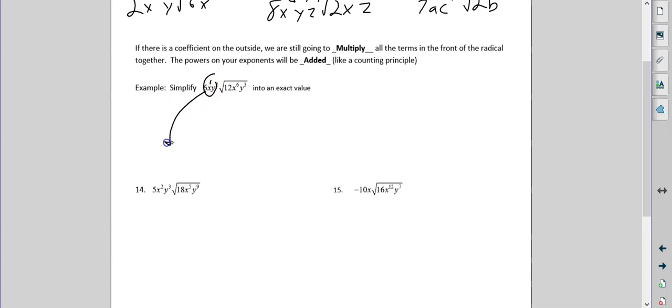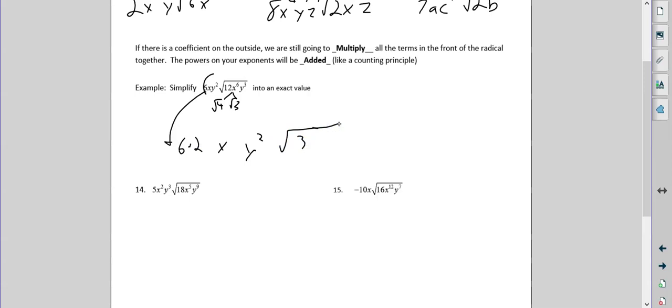You might want to bring this down and remind yourself that there's a 6, and there's an x, and there's a y squared. We'll be changing these possibly. Okay, so 12 breaks down to 4 times 3. So the square root of 4 is 2. The square root of 3 goes right there.